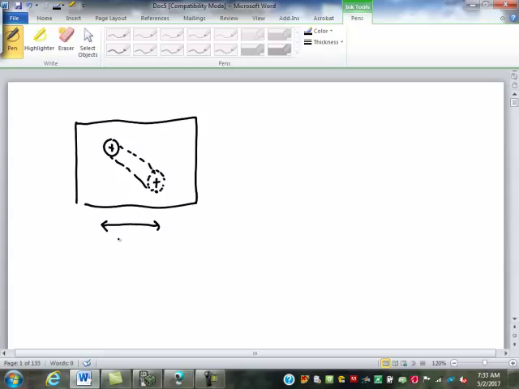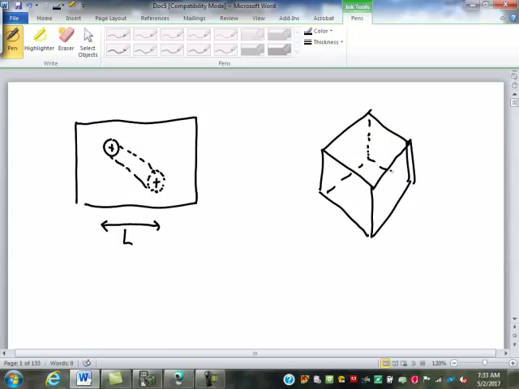So we're going to look at the box we created. The length of that box we created, of course, is just the distance between holes, center to center. Center to center there. Should draw that a little bit better.